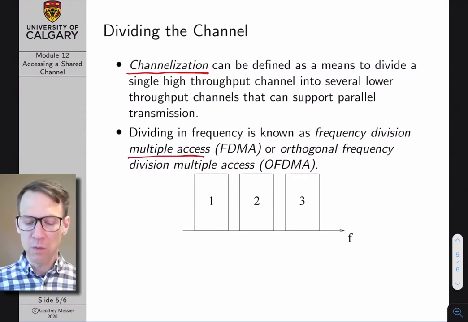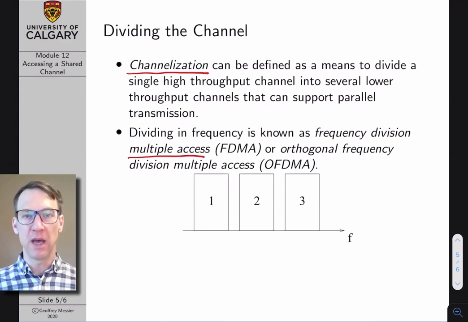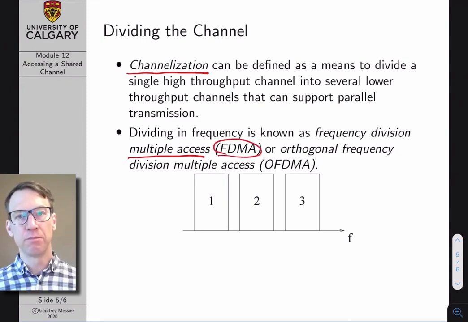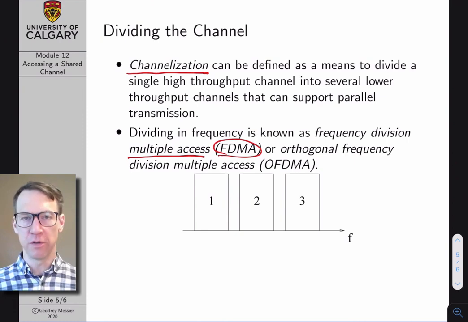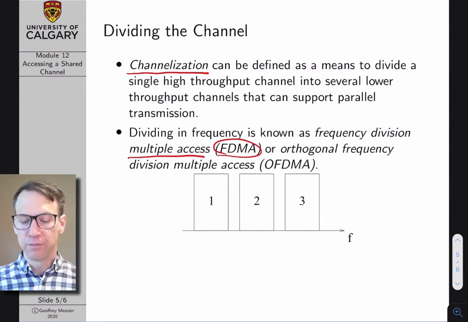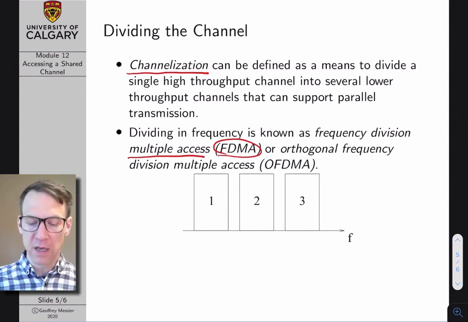One way that we can divide our shared channel is by chopping it up in the frequency domain. This is known as frequency division multiple access, FDMA, or more commonly these days with modern cellular standards and modern Wi-Fi standards, we chop a channel up in frequencies using a technique called orthogonal frequency division multiple access, or OFDMA. But they're the same concept.